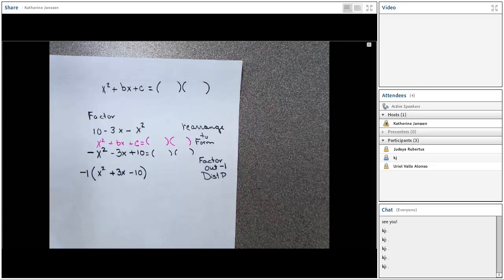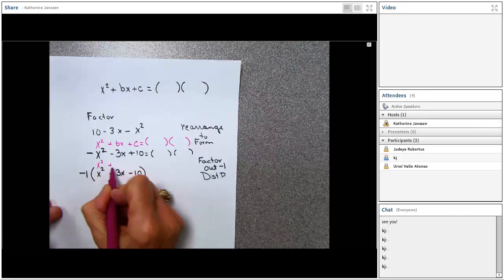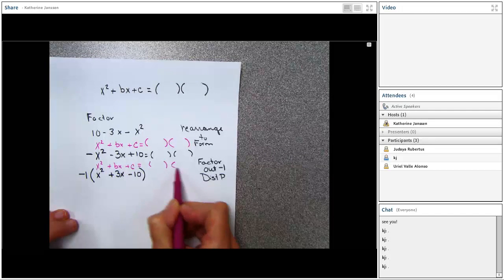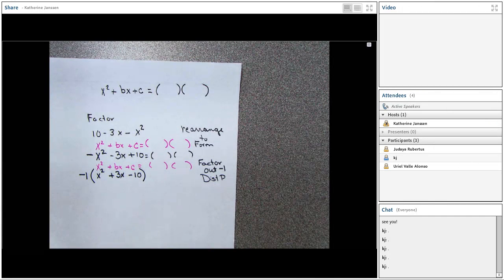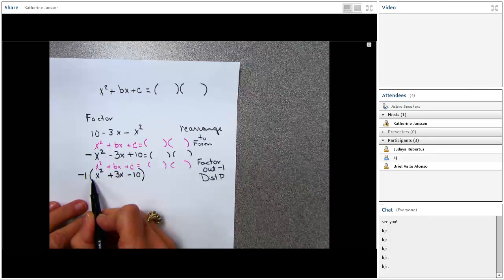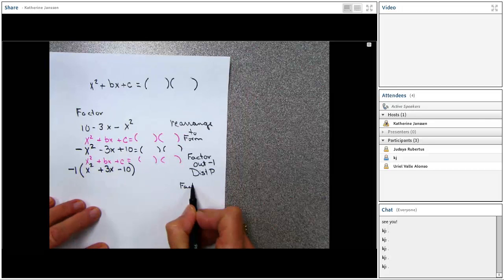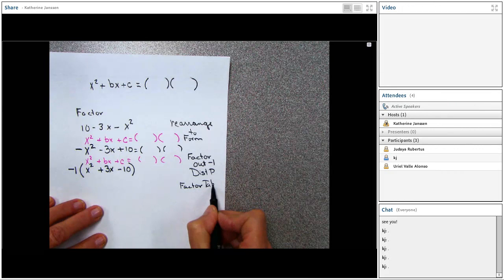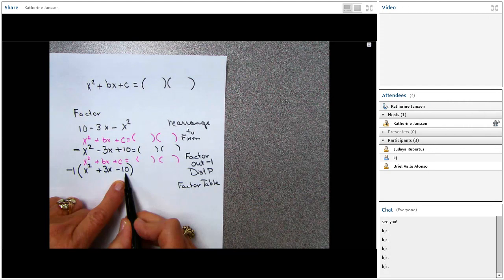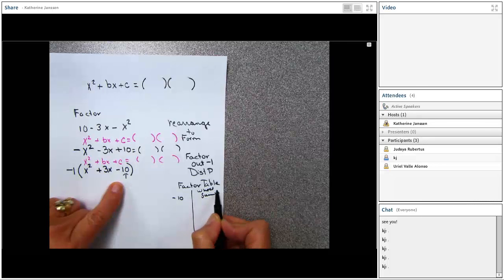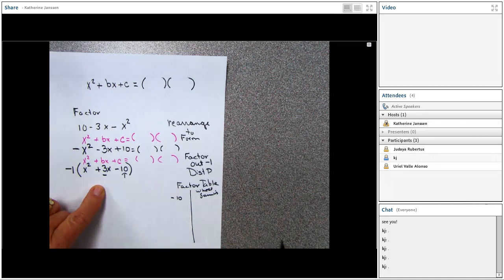So now I have my true pattern, x squared plus bx plus c, where my leading term has a positive coefficient. So now I'm going to build my factor table. I'm looking for factor pairs of negative 10 whose sum is the coefficient of the middle term, which in this case is a positive 3.